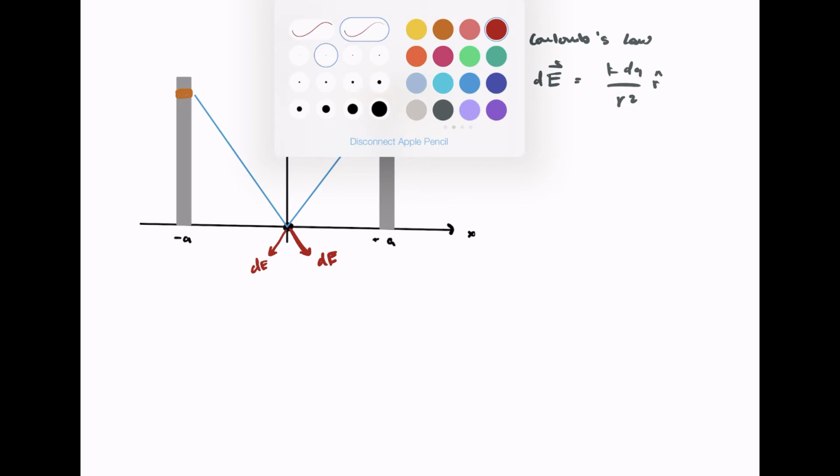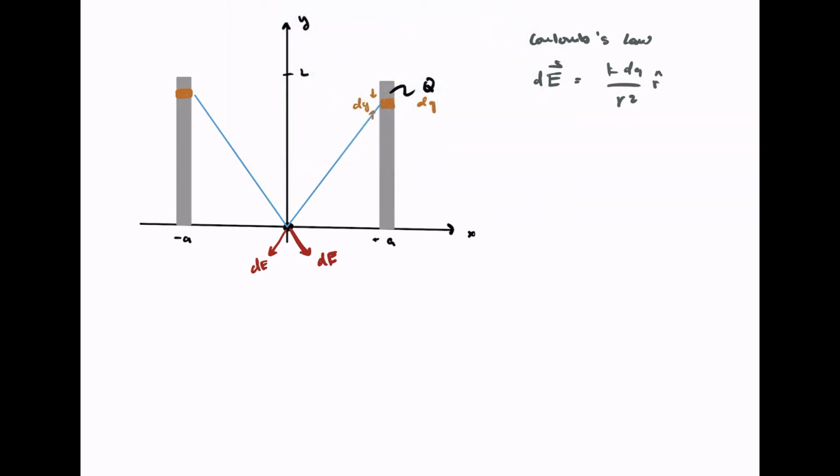The other thing is this is R, but remember, we can't write this in terms of things we aren't given. We're given a, and y is a variable we can use, but all the constants have to be given. So how do we figure out what R is? It's the square root of a squared plus L squared. This is the Pythagorean theorem. This is always a, that's a constant.